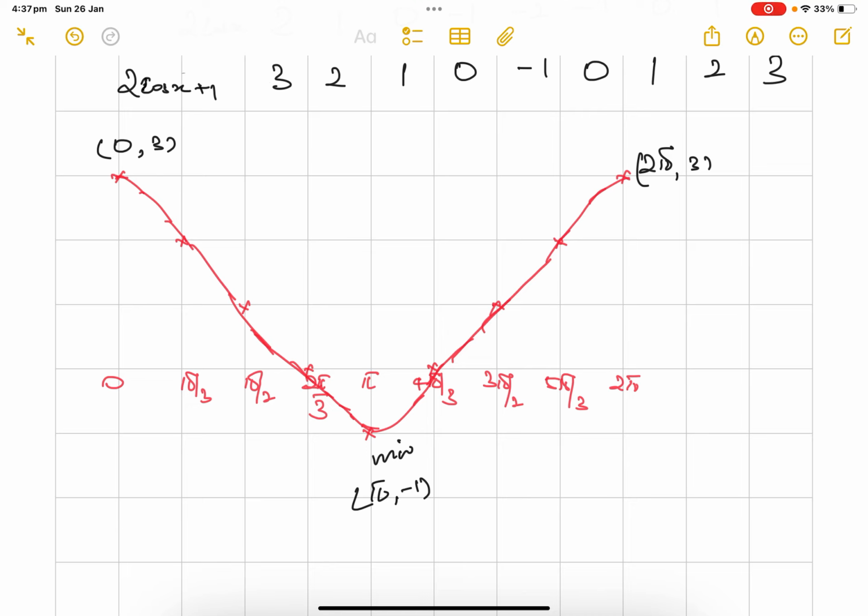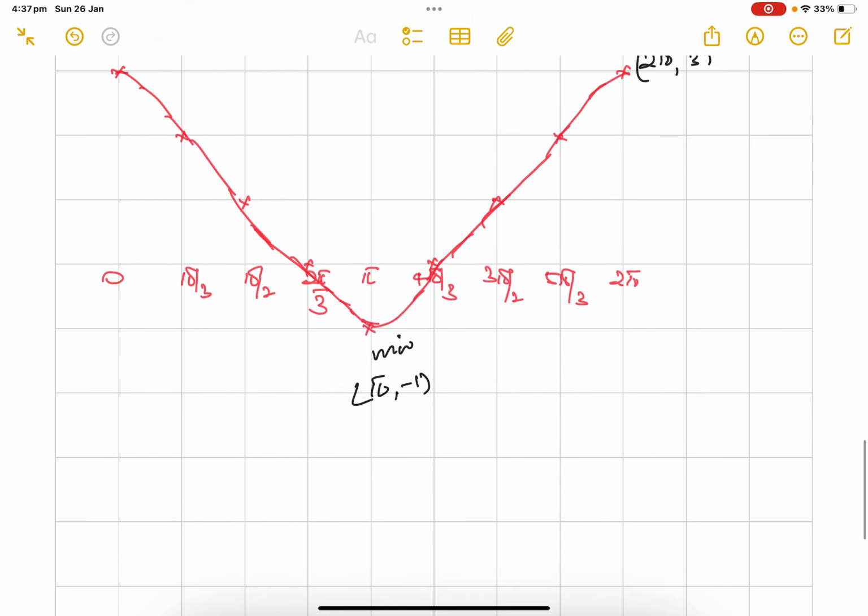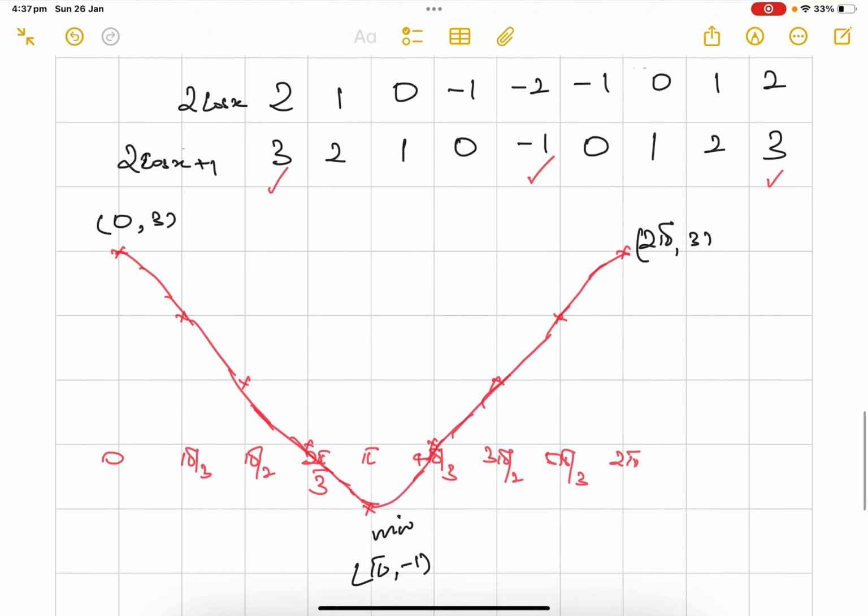Then the minimum value is here at pi, so (pi, minus 1) is the minimum point. So the endpoints are this and this. Yeah, that's about it.